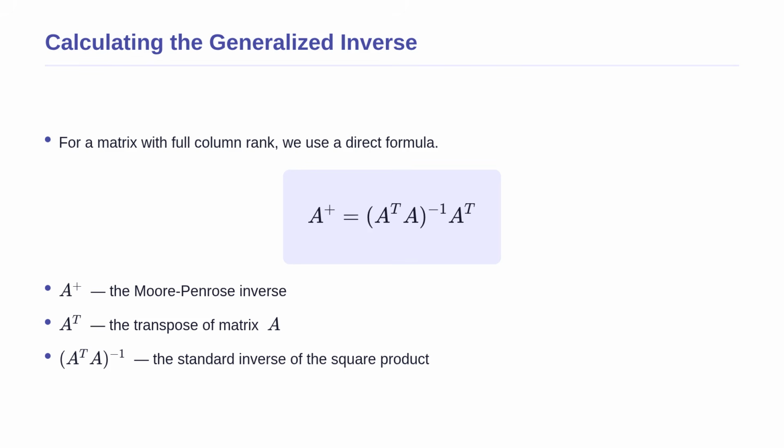This creates a brand new, perfectly square matrix. Because it is square and has full rank, we can find its normal standard inverse. Finally, we multiply that standard inverse by the transpose of the original matrix. If the values in the original matrix change, the transpose and the resulting square matrix shift accordingly, adapting the generalized inverse to perfectly fit the new data.